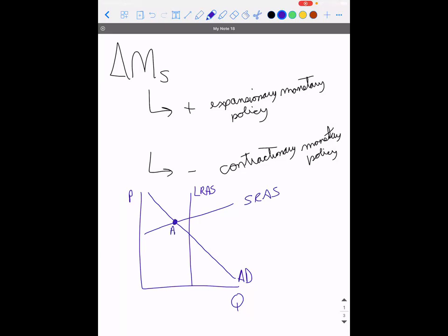So this point A would be the short run equilibrium point. But what we can see here is that Q1 is less than Q star, where Q star is the long run. So we need to basically increase the money supply to reach the long run equilibrium.